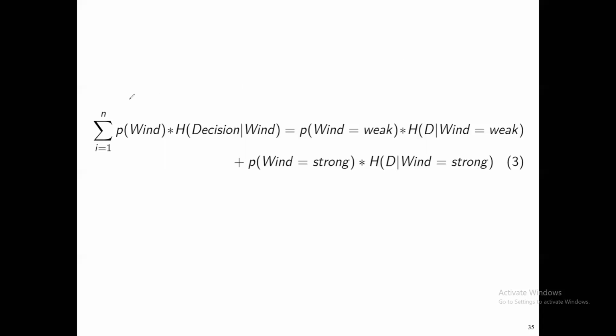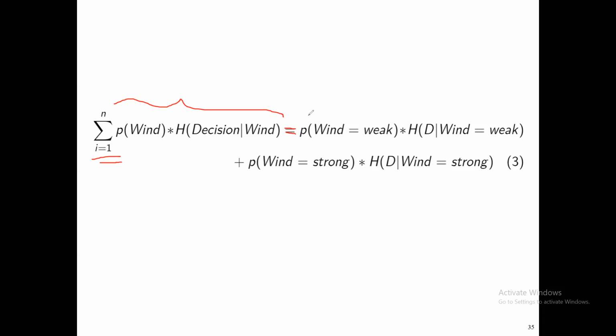Now we just find the expected entropy of the wind attribute. If we extend this, we can write it as the following. For each of the values of wind, that is weak and strong, because wind has only 2 values in the training set, weak and strong.